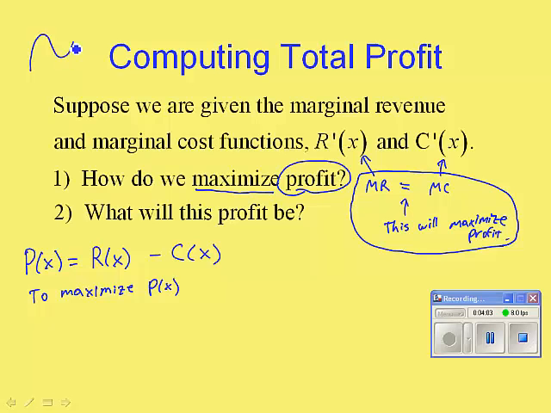You know, set what equal to 0? Well, you could set the function equal to 0. I guess your profit might be 0 somewhere. But that's not what I'm looking for. If I'm thinking of profit as having a maximum somewhere, how do I find it?